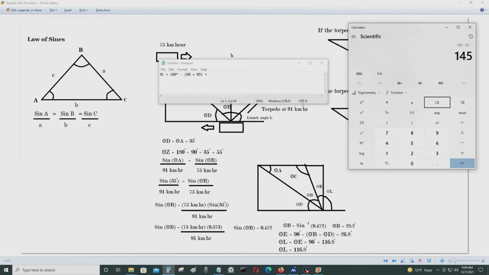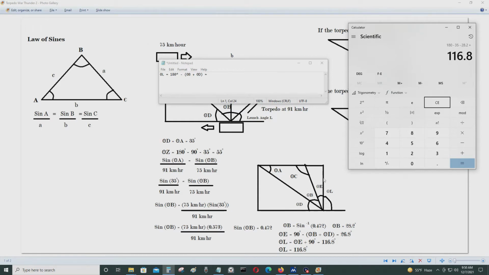Theta B is what we just solved for, which is 28.2, minus 28.2. Of course, this is 90 degrees here, so we need to get the angle from here to here. So that's 116.8 degrees, which we have to aim in order to hit that target.